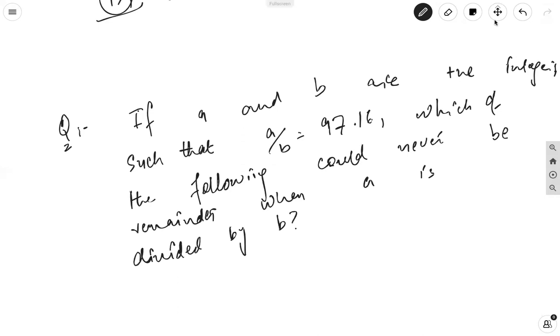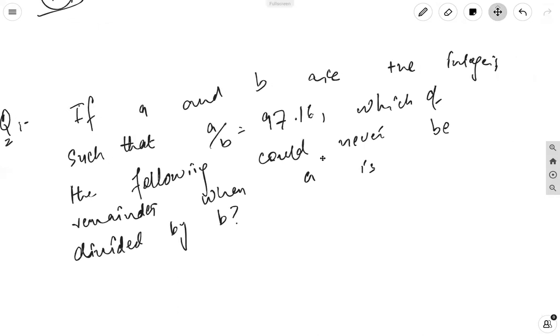I will repeat the question. If A and B are positive integers such that A over B is equal to 97.16, which of the following could never be a remainder when A is divided by B?